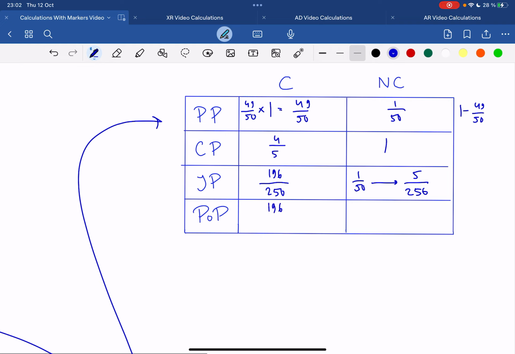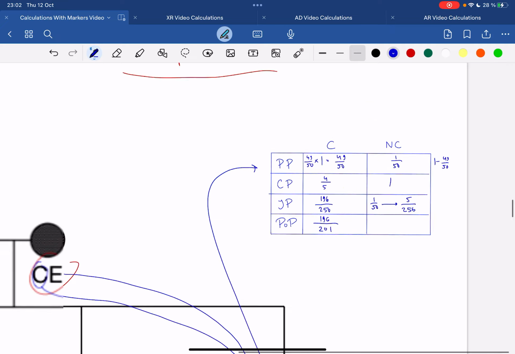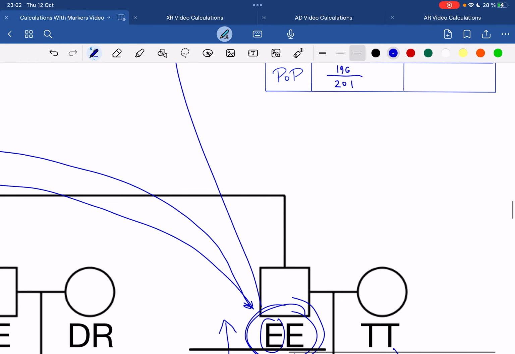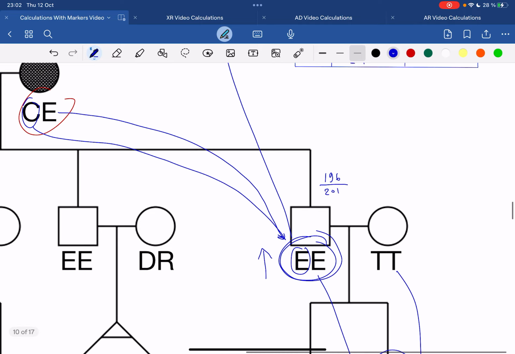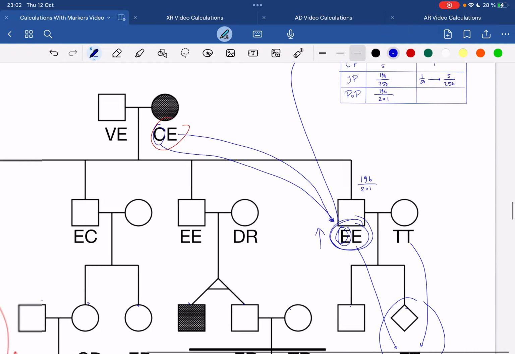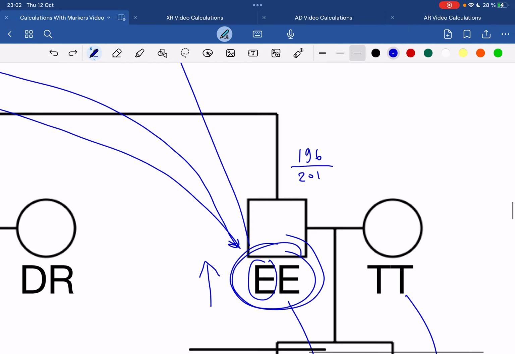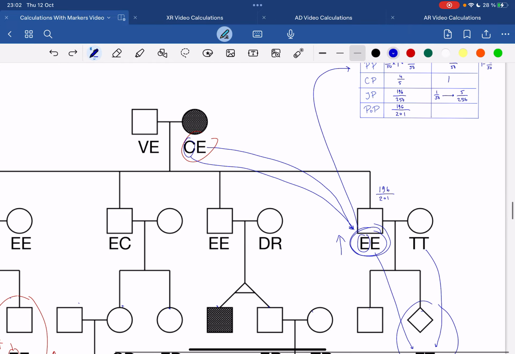So 196 divided by this plus this, 201. So the chance for this person to be a carrier, due to the fact that there is still a chance that this E is an undercover C due to crossing over, is 196 over 201.